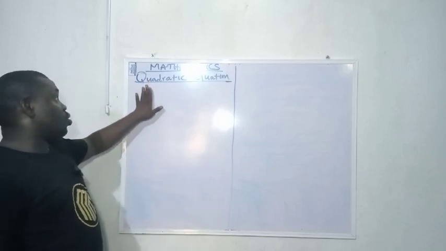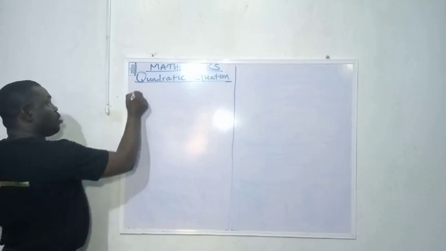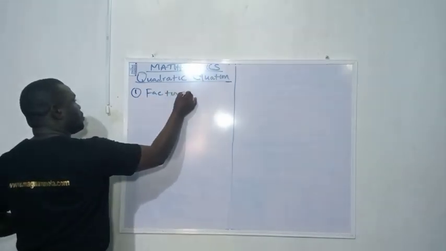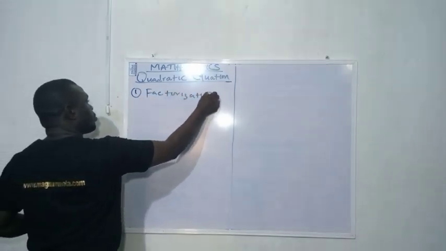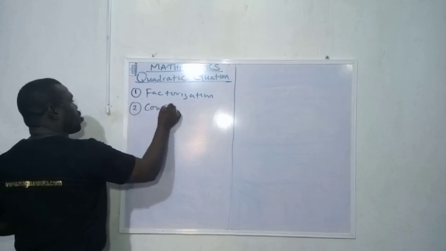Now, coming to what we have here, there are about 4 methods. Number 1 is factorization method. Number 2 is completing the square method.